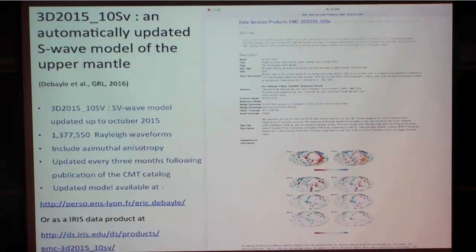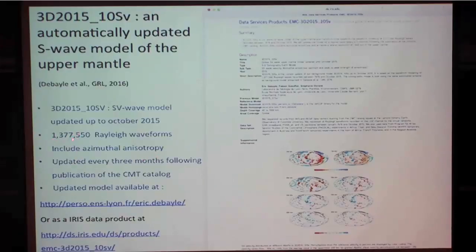So now, let's move to the shear velocity model, and let me introduce our latest seismic model, which is called 3D2015_10SV. This model is based on all the Rayleigh waves that have a CMT solution that we could extract, and it has been updated up to October 2015. We take all the data at the permanent stations plus a number of temporary deployments.